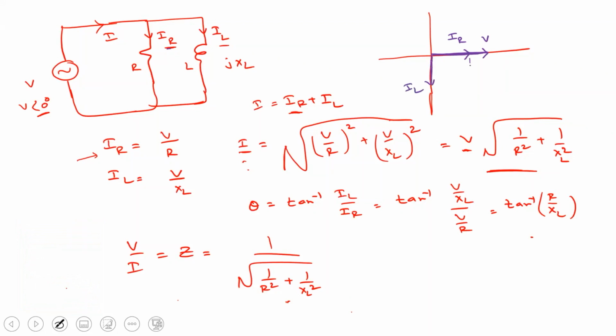The resultant is I. This is phasor addition, the phasor sum. So this is I, its magnitude is this, and its phase angle is tan inverse R by XL.